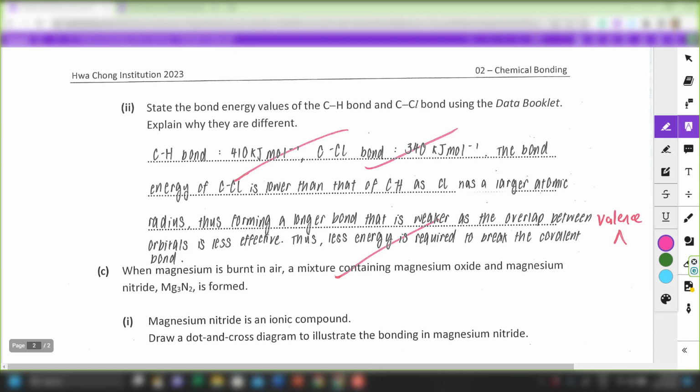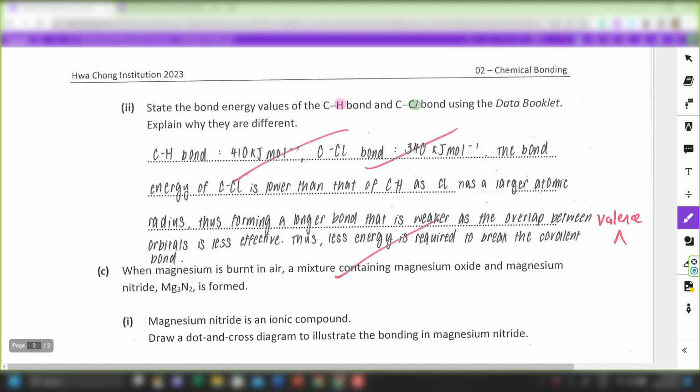So that means that it is going to use its 1s valence orbital to overlap with the 2p orbital of carbon. And then for chlorine, it's in period 3, so it's going to use its 3p or 3s to overlap with that of carbon.